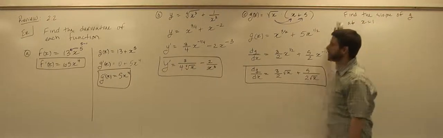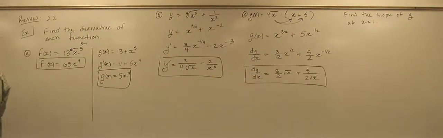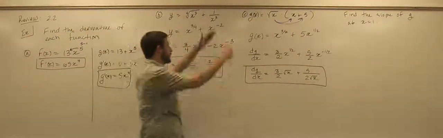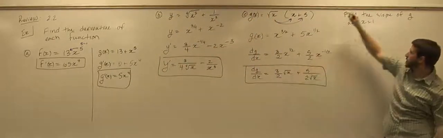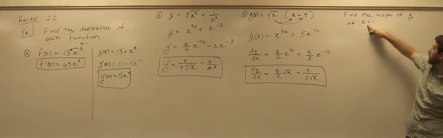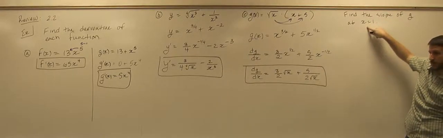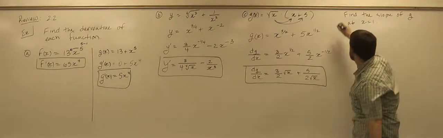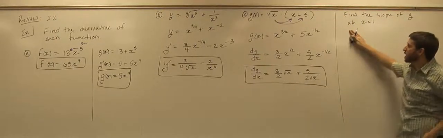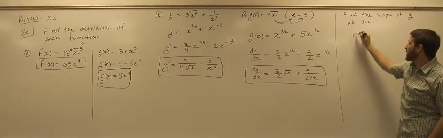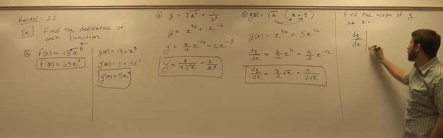What would you have to do instead? Right, so finding the derivative, you'll do your power rule or whatever, but if it wants the slope at a specific x value, that's still the derivative, but now you have to plug in this x value. So in this particular case, if I change the example a little bit and made it like this, you would have to take the derivative and plug in x equals 1.